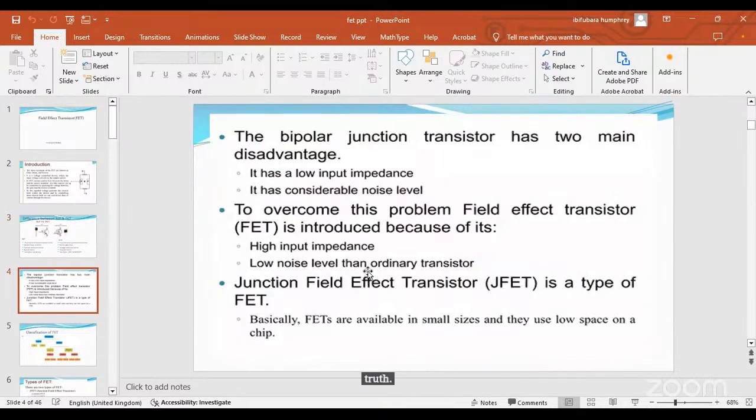The bipolar junction has two main disadvantages, and that is BJT has a low input impedance. Low input impedance in the sense that the input side is always forward bias, especially for amplification.